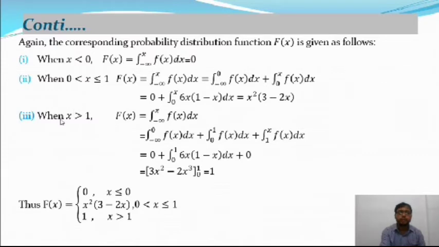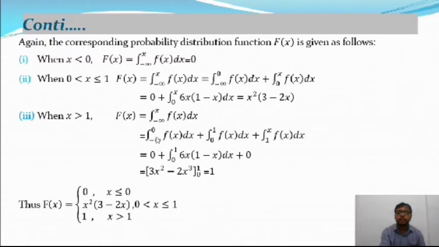After that we will find the distribution function in the interval 1 to infinity. In the interval 1 to infinity, F of x is equal to the integral from minus infinity to x of f(x) dx. This interval is divided into three parts: minus infinity to 0 f(x) dx, plus 0 to 1 f(x) dx, plus 1 to x f(x) dx.